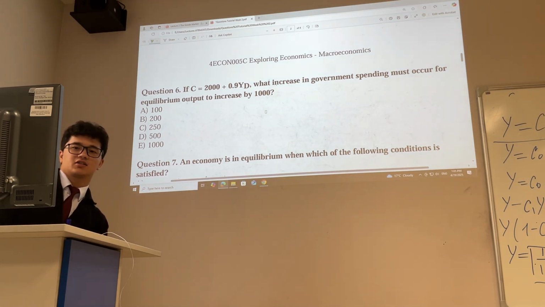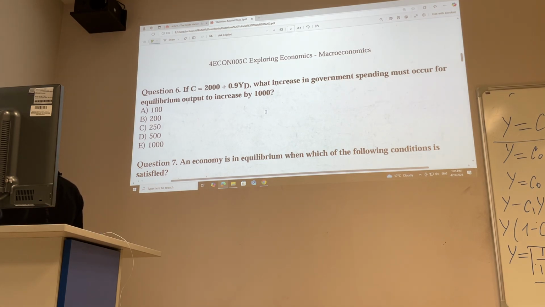First, guys, propensity to consume is 0.9. Find the multiplier. Yes, 100.